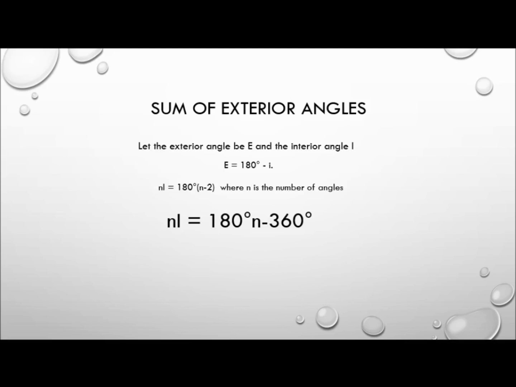Now, if we expand out those brackets by multiplying 180 degrees times the n and then 180 degrees times the negative 2, we get n times I is equal to 180 degrees times n minus 360 degrees.